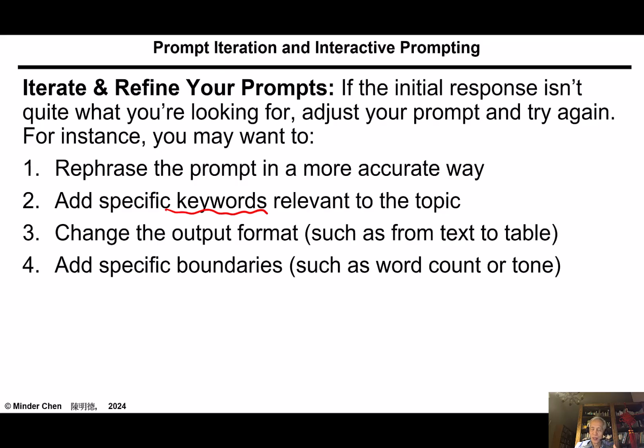When we Google, we use the right keywords, and the same applies when you do prompting, because if you use certain keywords, the large language model will direct the response based on those keywords. Maybe change the output format. Sometimes a more structured output will give you a better result. Specify boundaries or constraints, like no more than 200 words.